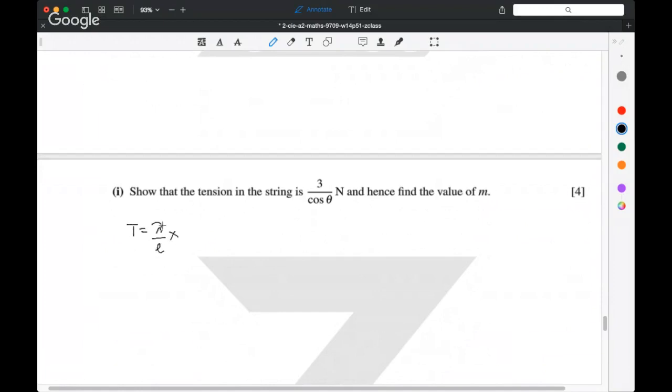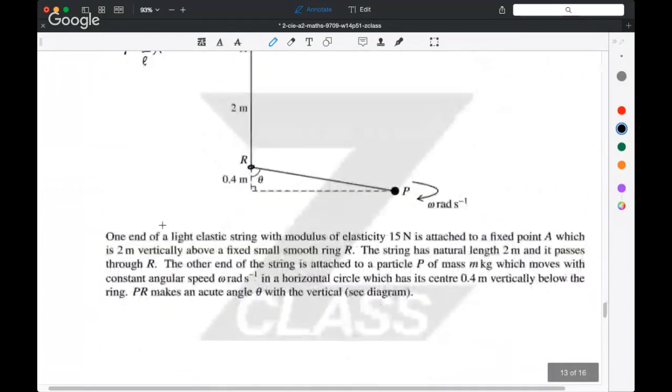Well, we're told that the natural length of the string is 2 meters. So therefore, all the stretch is happening here, or rather, whatever length this piece is, is the amount by which it's been stretched. Because if it was up to the string, it would just have its end by the ring R. So what is this distance?